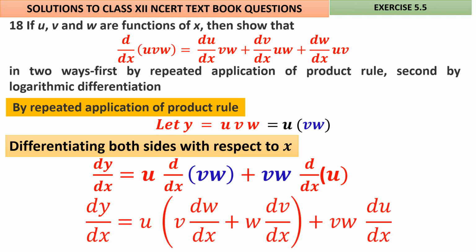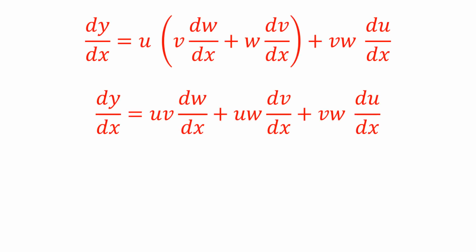Now we apply the product rule once again for the differentiation of vw: keep v, differentiate w and keep w and differentiate v. The second term is vw into du by dx.